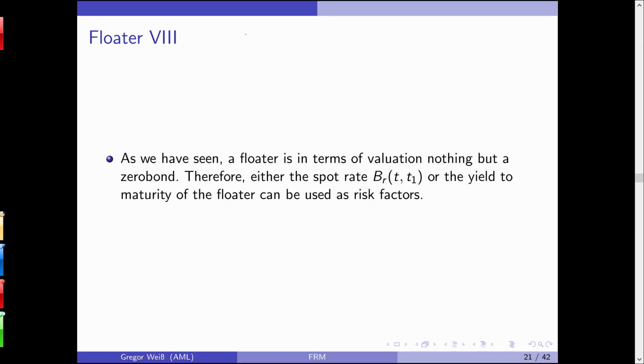Therefore, either the spot rate or the yield to maturity of the floater can be used as risk factors. So again, in case we use an additional credit spread, we might have a second risk factor. But assuming that we don't have a credit spread on top, the only risk factor is the yield to maturity, the interest rate, and the spot rate we use for discounting.